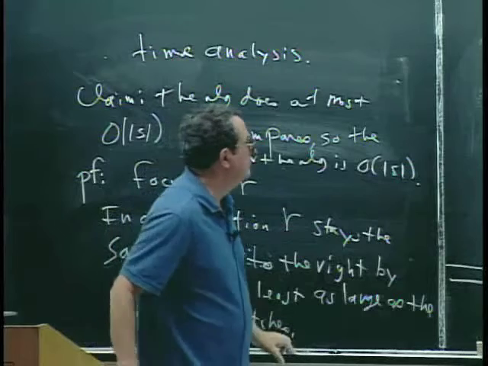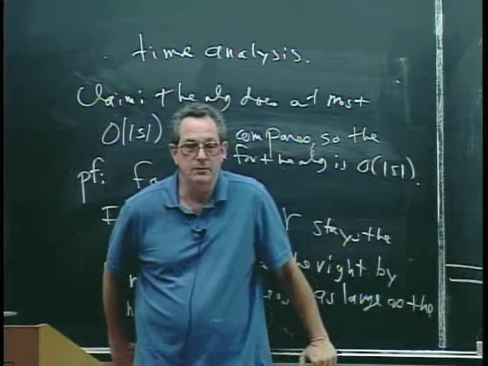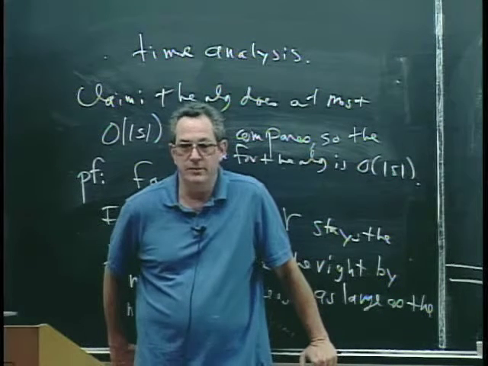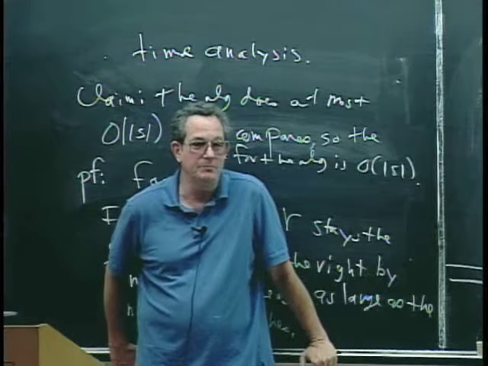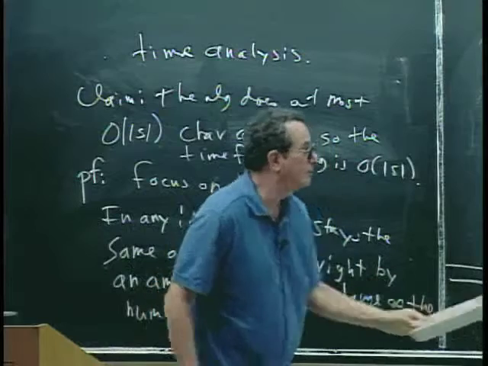Okay. Questions on that, or the great result of 1973? I mean, okay, that was 37 years ago, but it's still a great result today, the fact that you can do this in linear time.